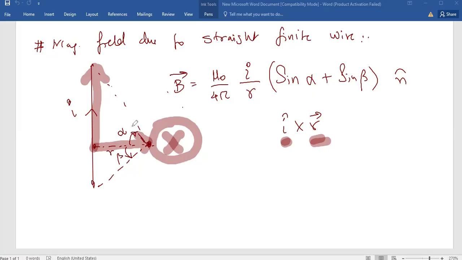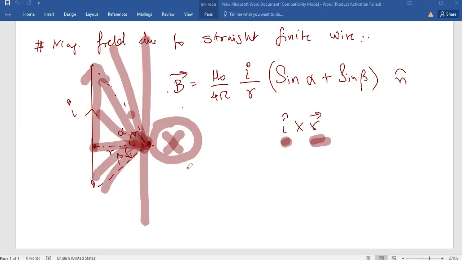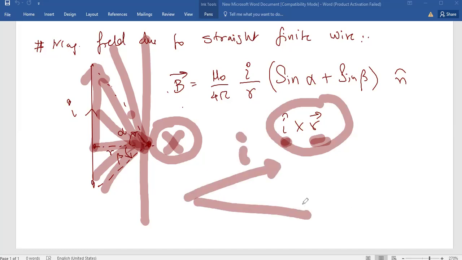No, whatever alpha and beta are, it is the direction of current which basically defines it. Why? Your alpha may be this, whatever. Maximum it can go up to this. In that case also it will be cross only, because we have to do I cross R. Here this is I and this is R, right?